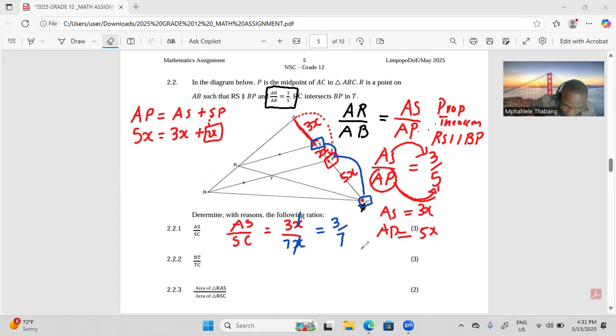So now, let us find RT over TS. I'm now working on problem 2.2.2. RT over TS. Okay, I will say to you, pay attention to the triangle RSC.